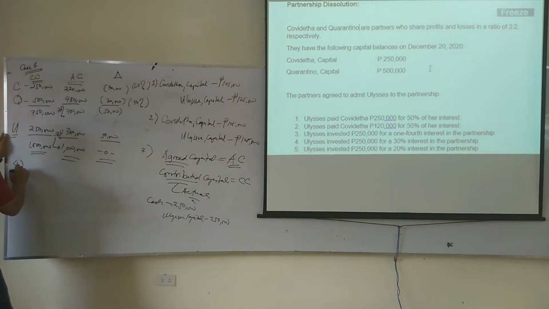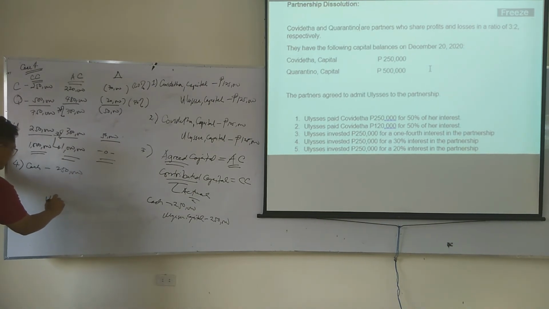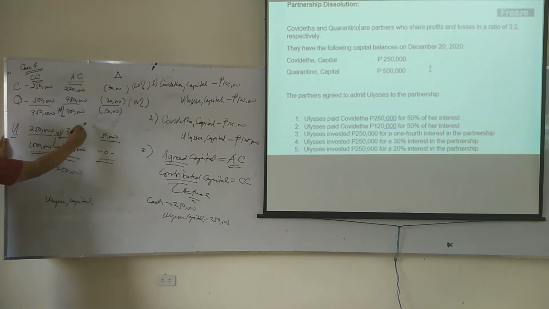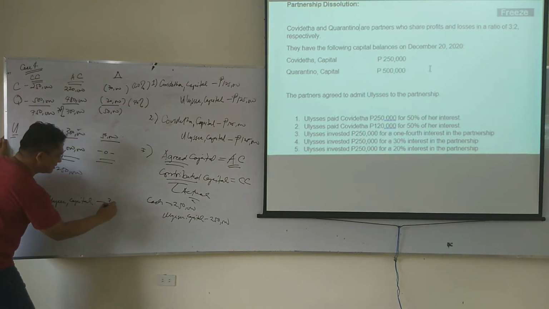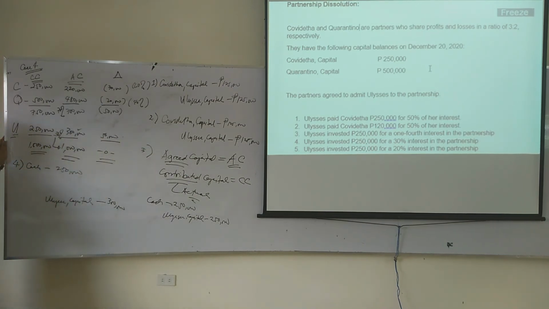So our entry for number 4 is debit cash. Of course, the company received 250,000. Ulysses capital, as agreed, will be receiving 300,000. So Ulysses received 300,000, and the bonus is coming from Covidita and Quarantino.